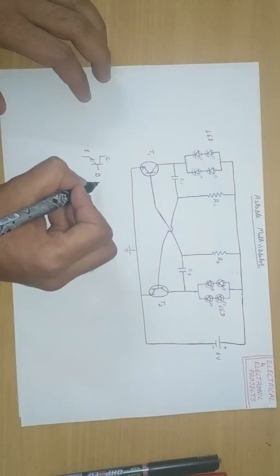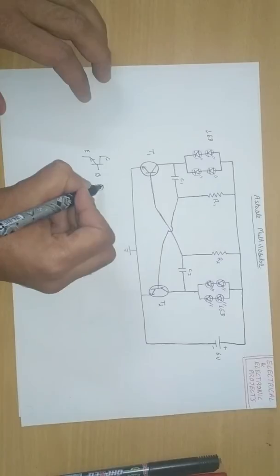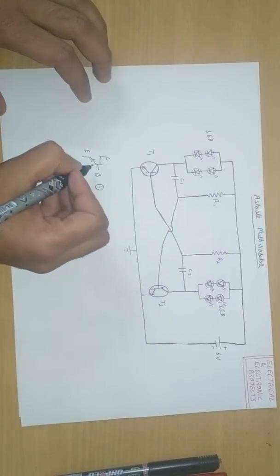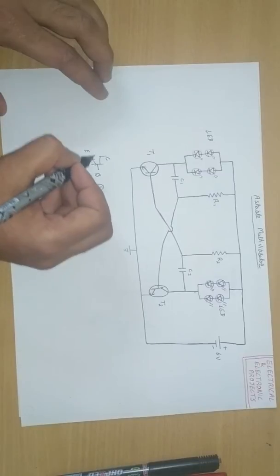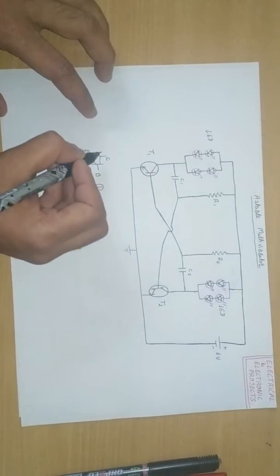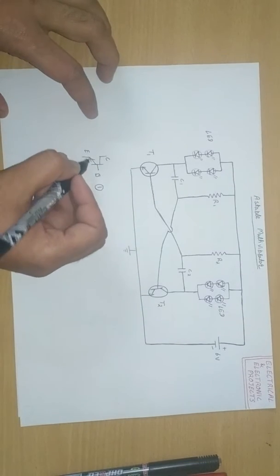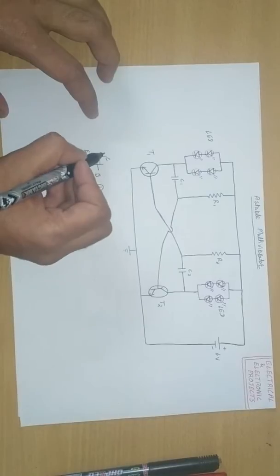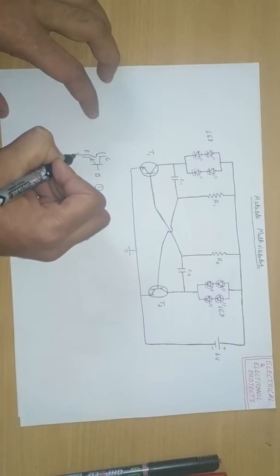When base voltage is high, say 1, then our transistor goes to the saturation region, meaning short circuit region. It is also known as the short circuit region or saturation region. In the saturation region, it completes a path like this.